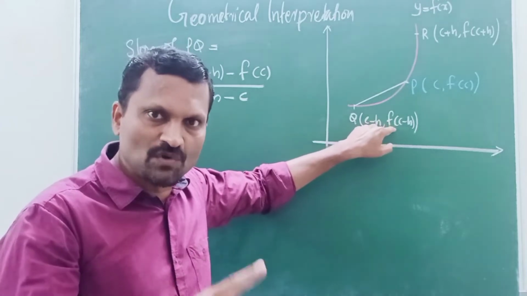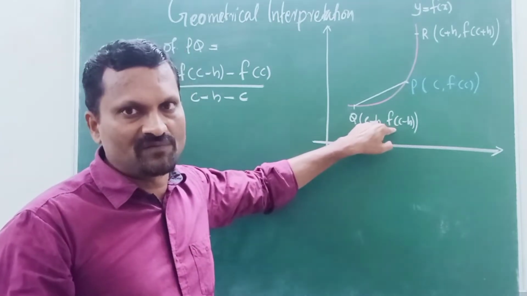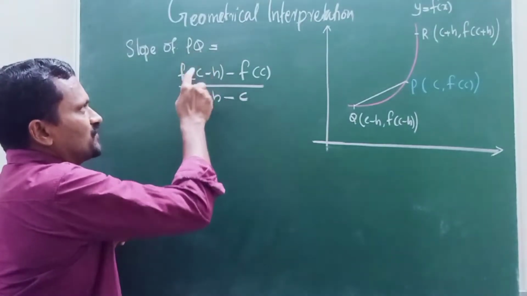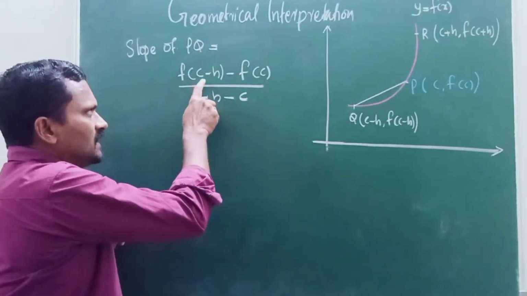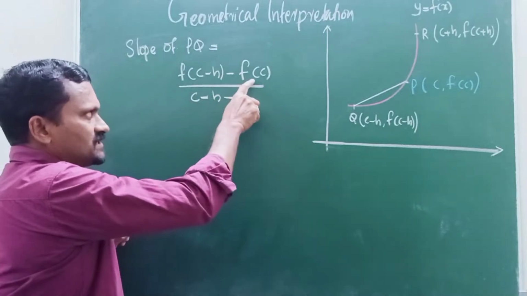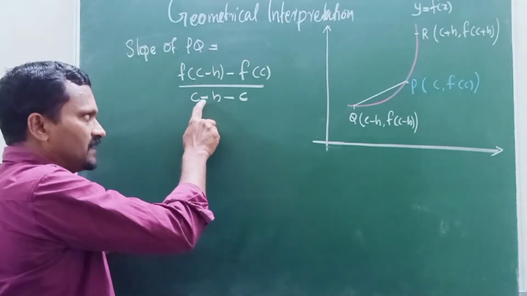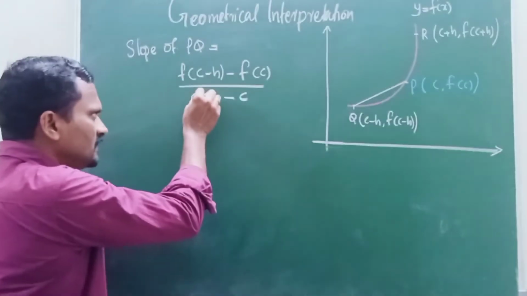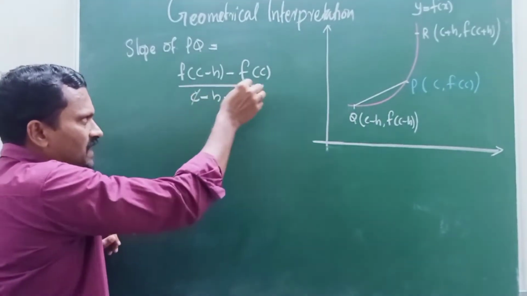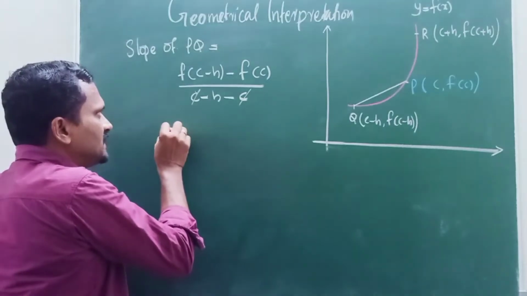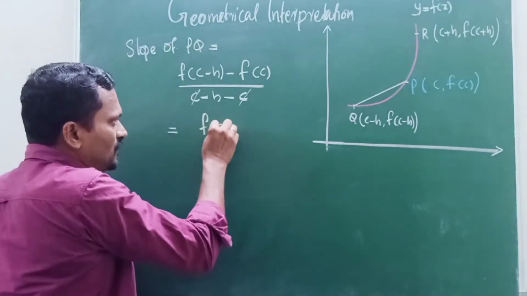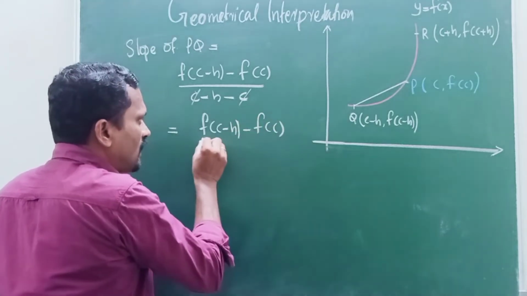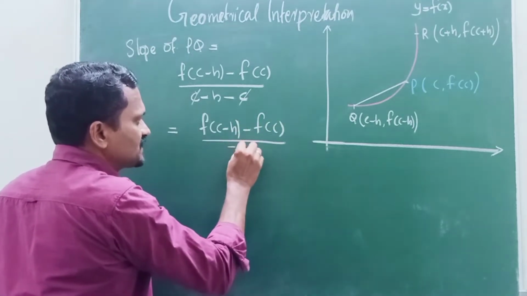We know that slope is (y2 minus y1) divided by (x2 minus x1). Therefore, the slope of PQ can be written as (f(c minus h) minus f(c)) divided by (c minus h minus c). Here, plus c and minus c get cancelled. Then it becomes (f(c minus h) minus f(c)) all divided by minus h.